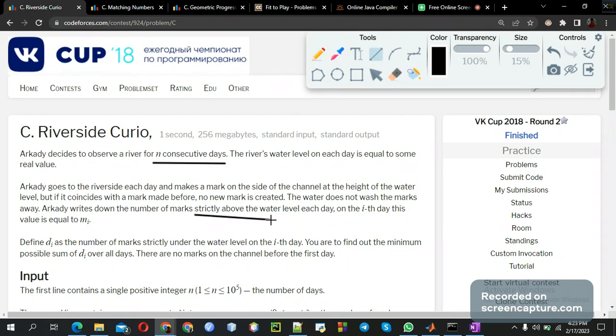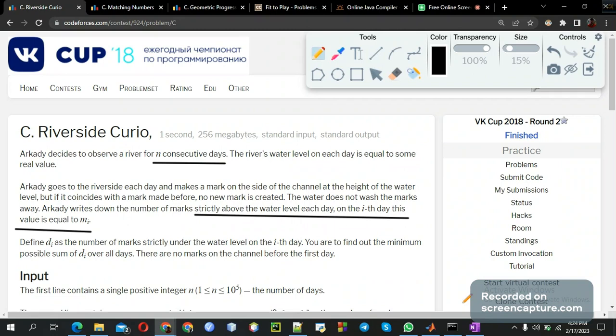This is one important observation. On the ith day the water level is equal to mi, and if it coincides with a mark from before, no new mark is created.